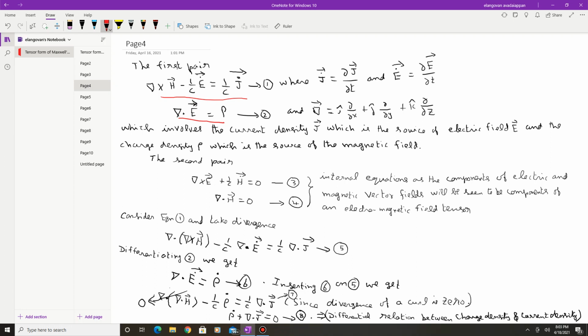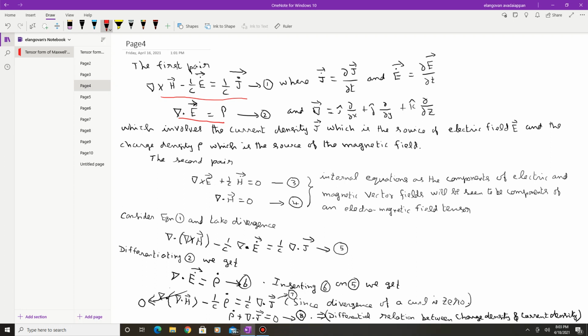Now in equation 1, J dot is equal to partial dJ by dt, and E dot is equal to partial dE by dt. Equation 2 is del dot E is equal to rho, where the del operator is unit vector i times partial d by dx plus unit vector j times d by dy plus unit vector k times d by dz. Here J is called the current density.